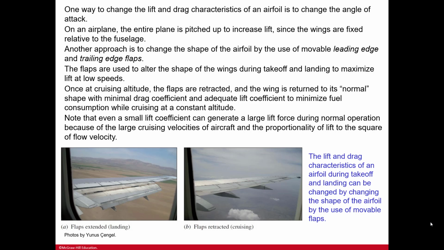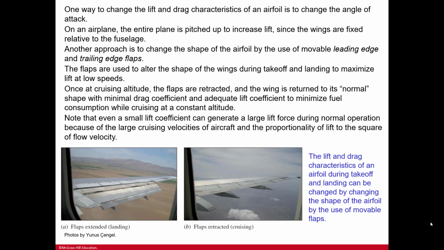Once at a cruising altitude, the flaps are retracted and the wings return to their normal shape, kind of like a bird, with minimal drag coefficient and adequate lift coefficient to maximize fuel consumption while cruising at constant altitude. And so that's why you'll see those go down.